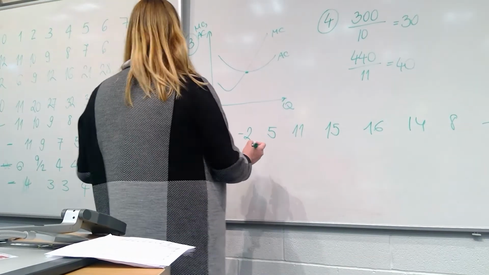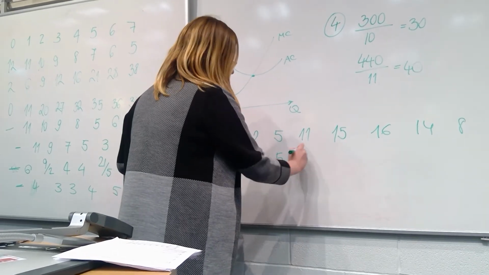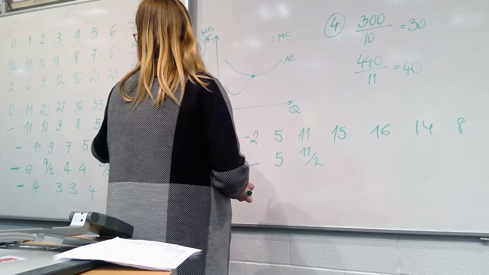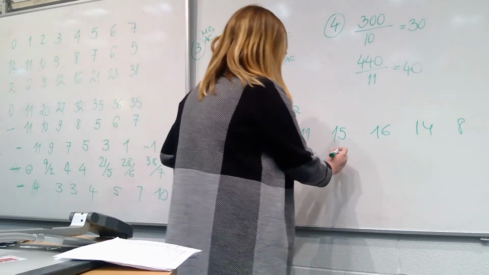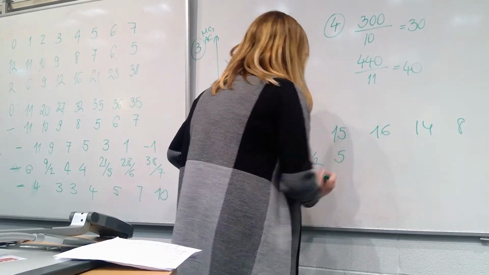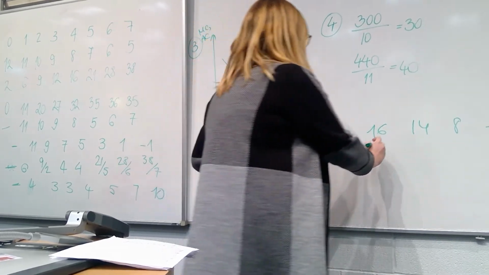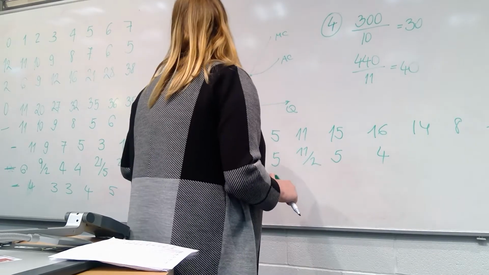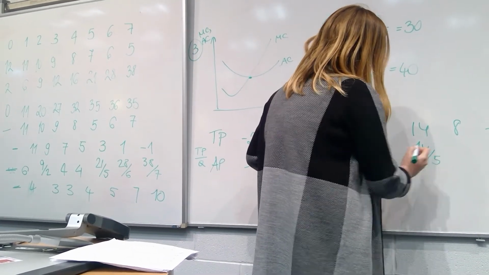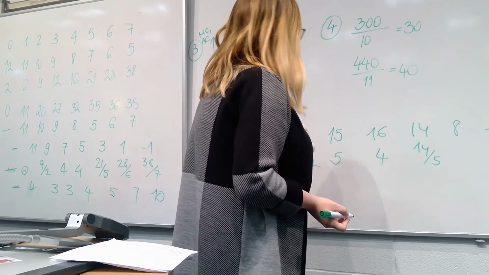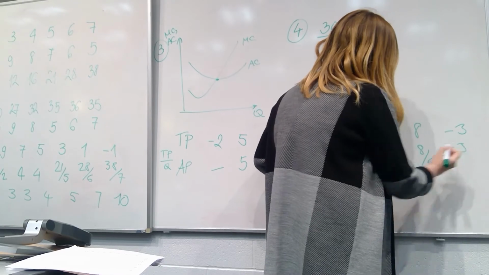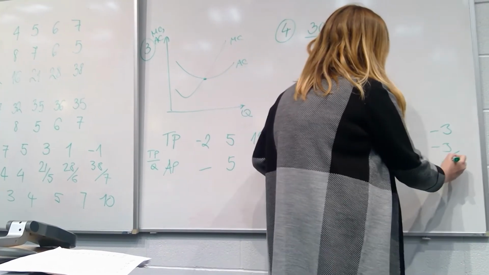Then we have 5 divided by 1, which is 5. 11 divided by 2, which is 11 halves. 15 divided by 3, which is 5. 16 divided by 4, which is 4. 14 divided by 5, which is 14 fifths. And then 8 divided by 6. And -3 divided by 7.